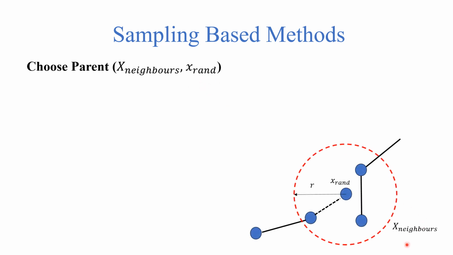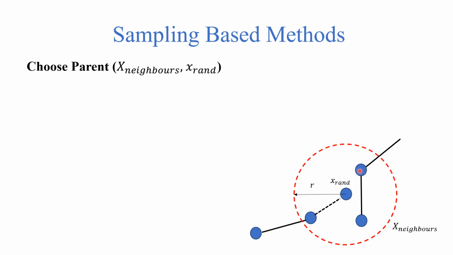To discuss the chooseParent function, which takes the set of neighbors and xrand, which is the random point that we're trying to add to the tree. Now the figure here shows a simplified view of what is actually happening. So this right here is xrand, the random point that we're trying to add to the tree. This right here is the radius r in which we are going to find the neighbors. The neighbors right here are the following nodes.